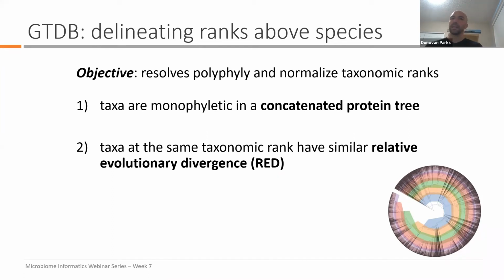We address the first by inferring a concatenated protein tree and ensuring that taxa are monophyletic on that reference tree. And we normalize taxa at the same taxonomic rank using a measure called relative evolutionary divergence. I'll go through each of these objectives and how we achieve them in practice.